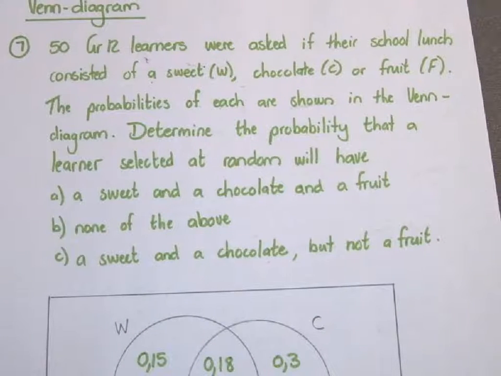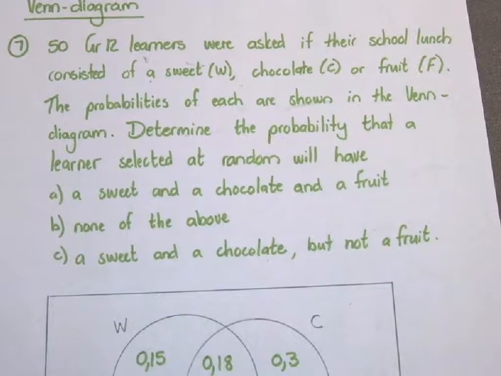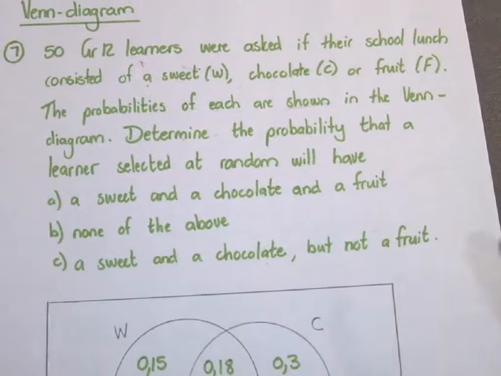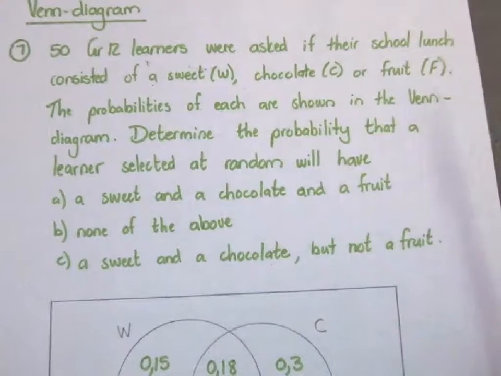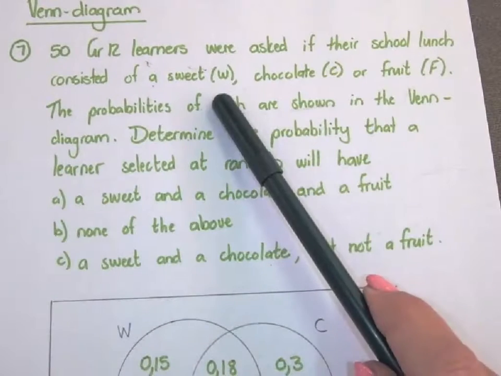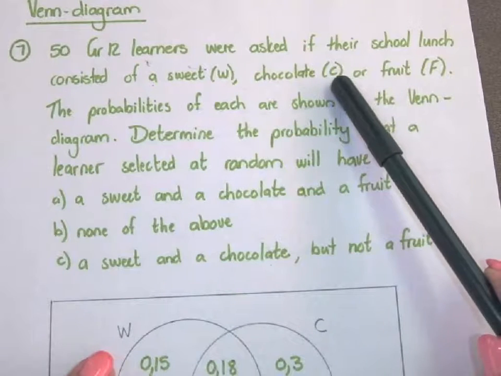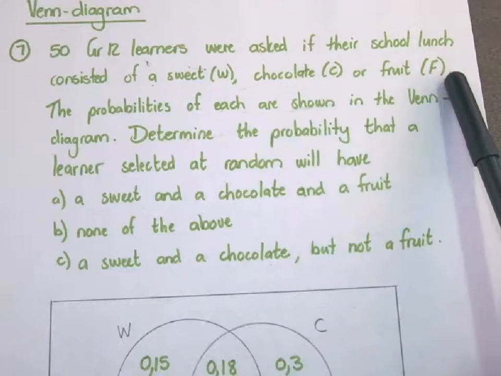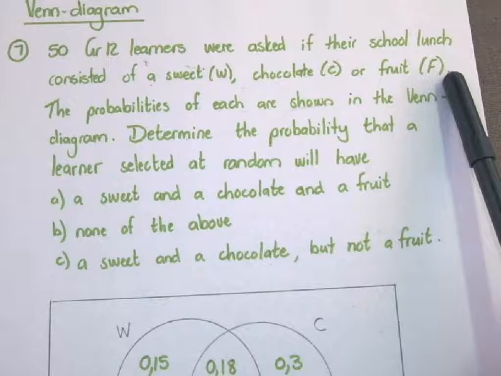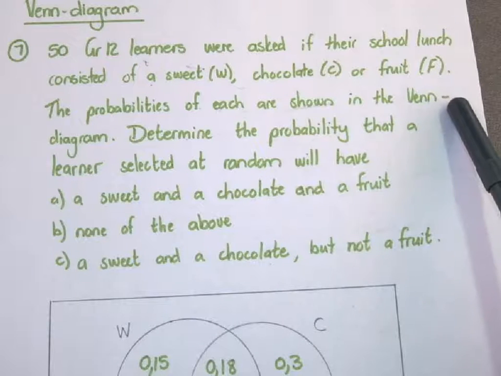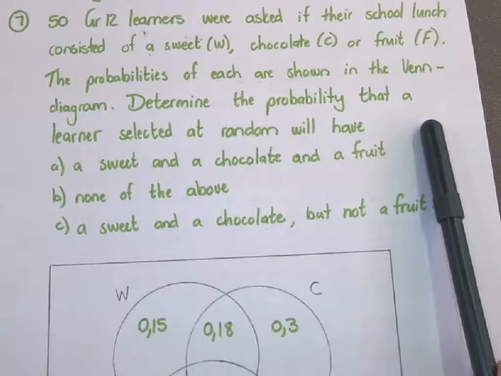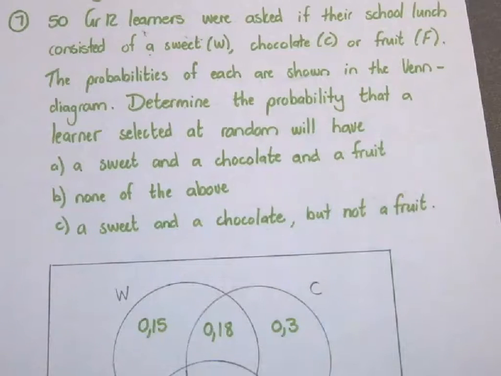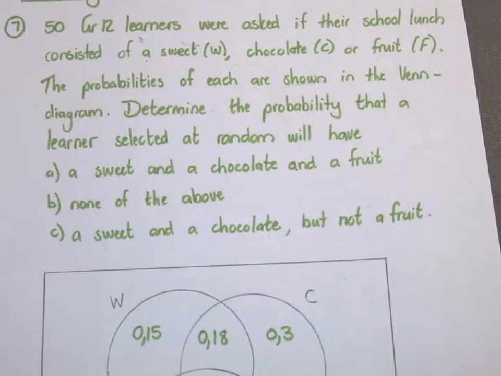Yes, note 57. 50 grade 12 learners were asked if their school lunch consisted of a sweetie, W, a chocolate, C, or fruit, F. The probabilities of each are shown in the Venn diagram. Determine the probability that a learner selected at random will have the following. Okay, quickly copy that.